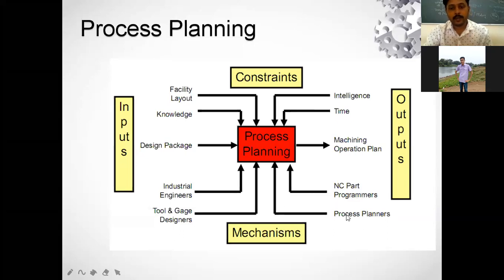And the process planner is the person who is going to perform the process planning. Okay. Now, two other things must be analyzed while performing the process planning. The first one is the constraint of the industry or the process, everything about the constraint. What are the limitations of the industry?